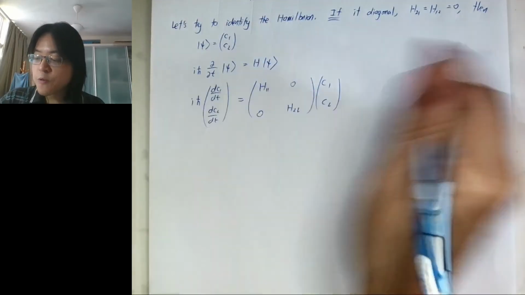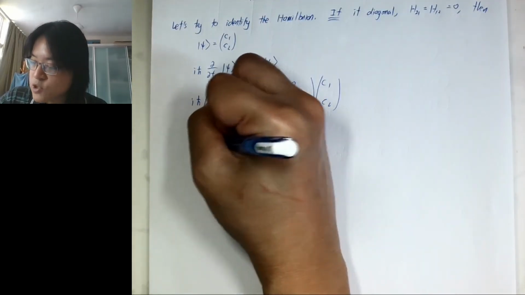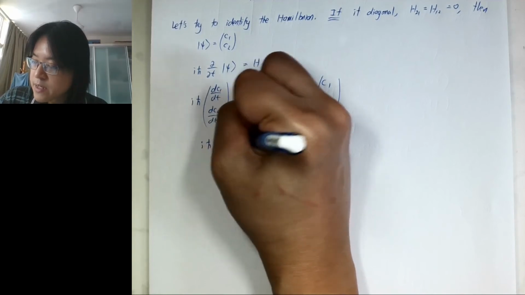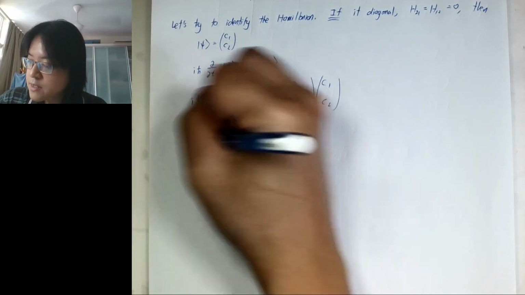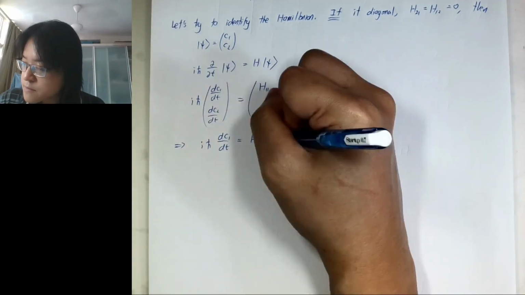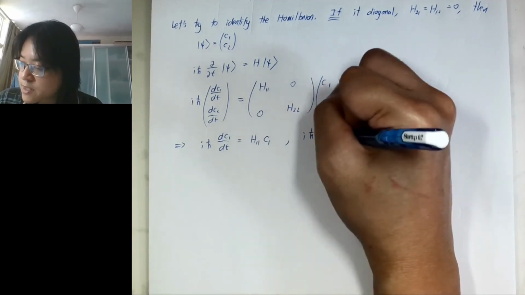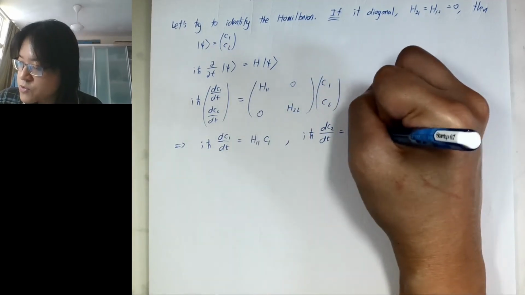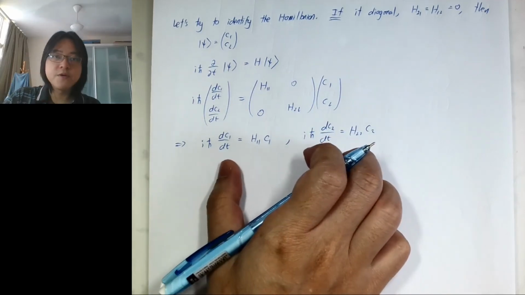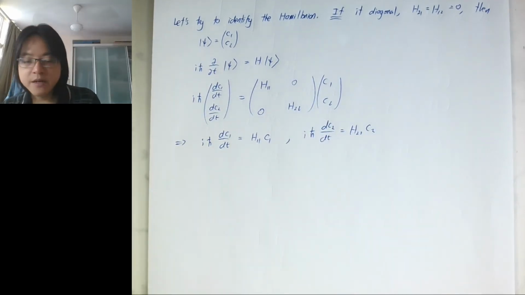If you work out the matrix, this is basically just two equations: dC1/dt equals H11 C1, and the other equation is dC2/dt equals H22 C2. So basically you get these two equations.